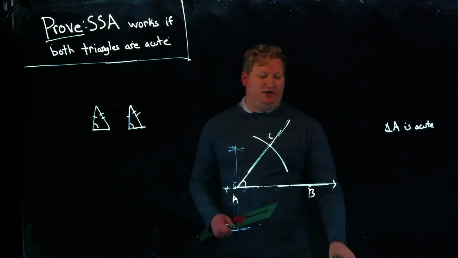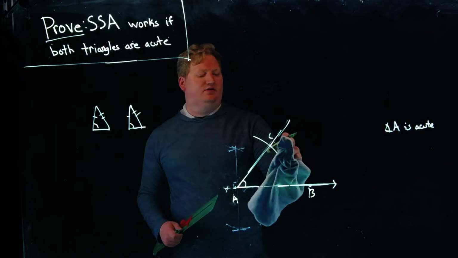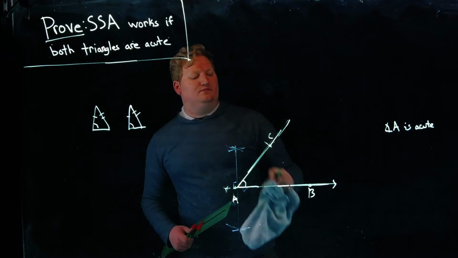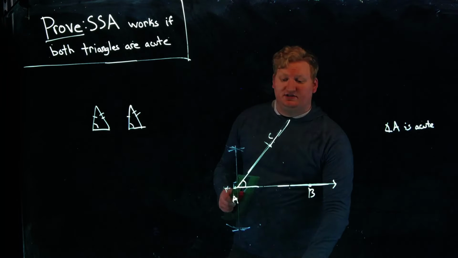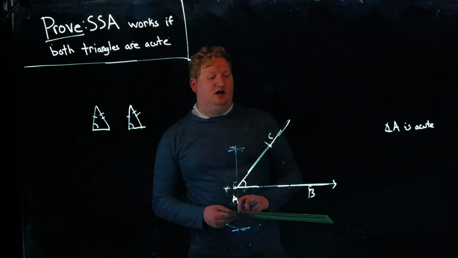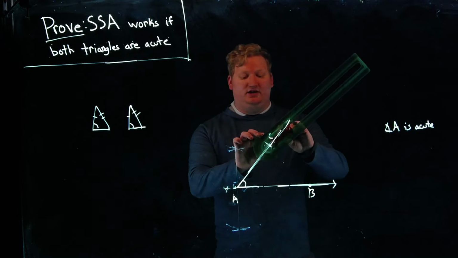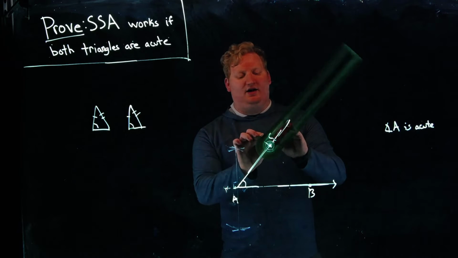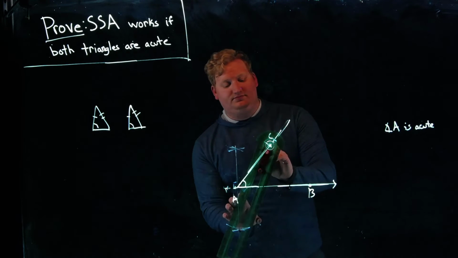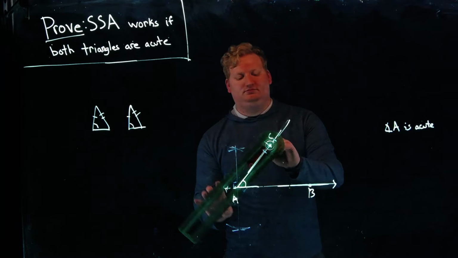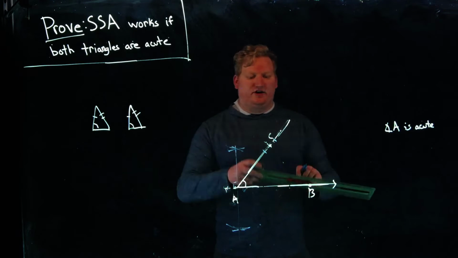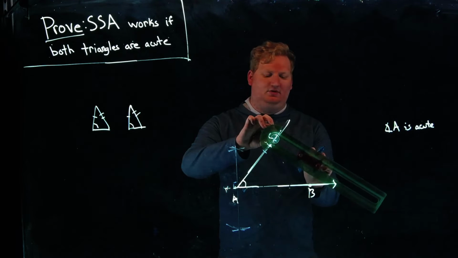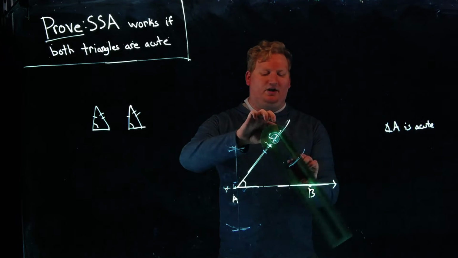Now we have a new point out here, C, that we can work with. We've got to make sure that angle C is an acute angle. So we'll do the same process of finding a perpendicular line that goes through C and then creating an acute angle of our choosing. So there are the two points that I'll use to find the perpendicular line. Stretch this out and we'll make arcs on both sides.